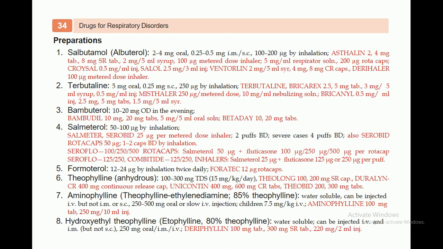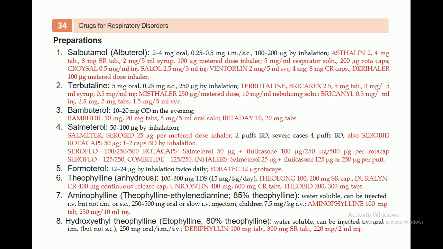That is 200 microgram rotacaps, respirator solution 0.5 milligram per ml, injection 2.5 milligram per 3 ml, Ventolin syrup 2 milligram per 5 ml, and tablets 4 milligram, 8 milligram, and many more drugs.